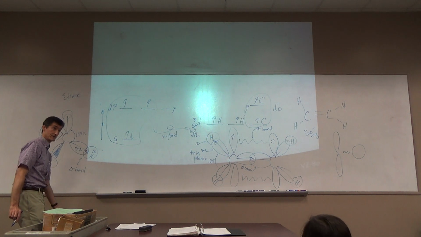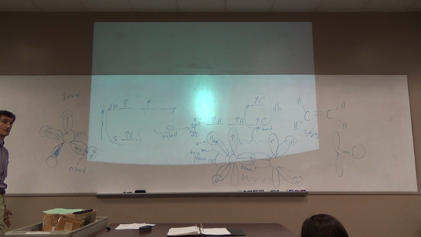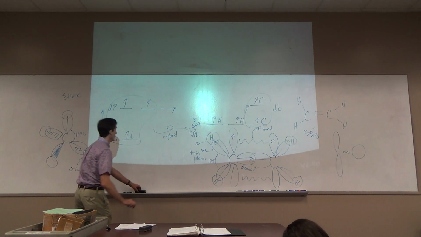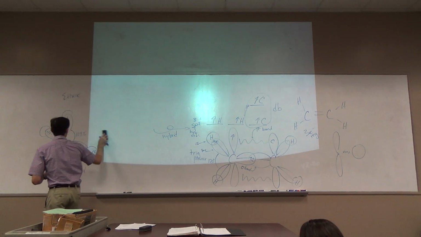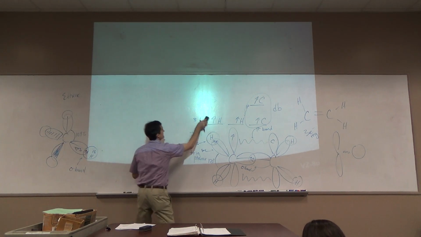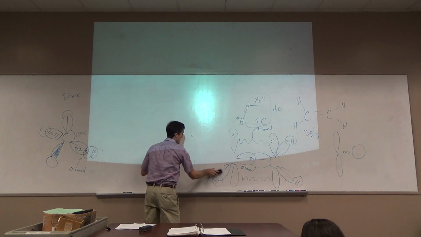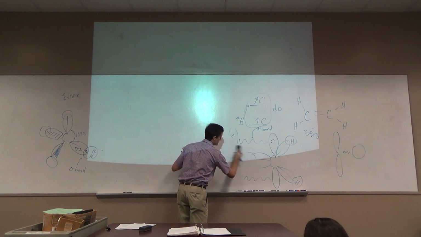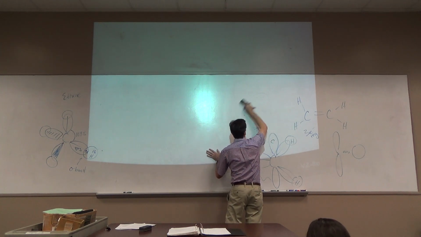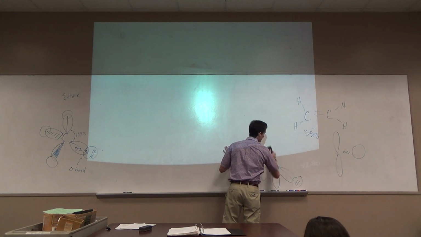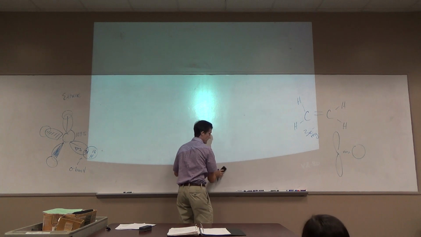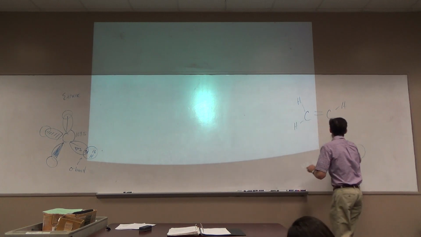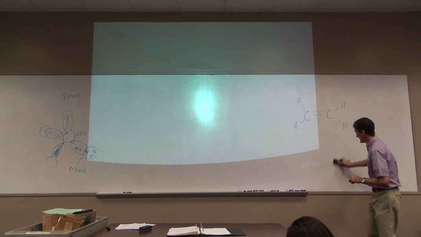Less s character, the longer it's going to be. More s character, the shorter it's going to be. Okay, that's the hybridization. You need to understand, when you look at a structure, what type of orbitals are being used to make the bonds there. Difference between sigma bond and pi bond: one big difference with the pi bond is that pi bonds cannot rotate.